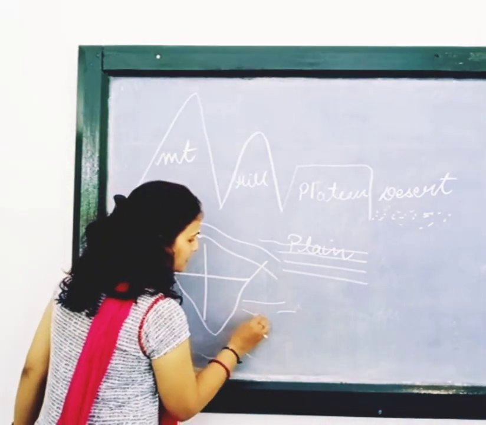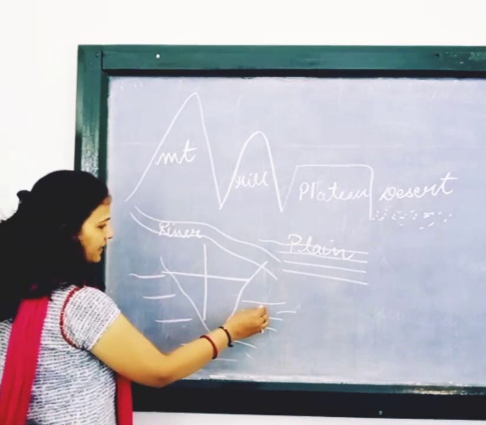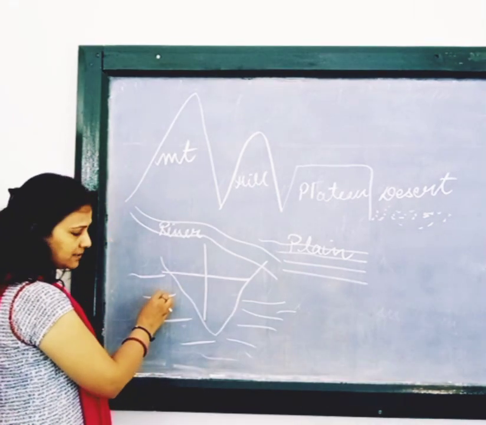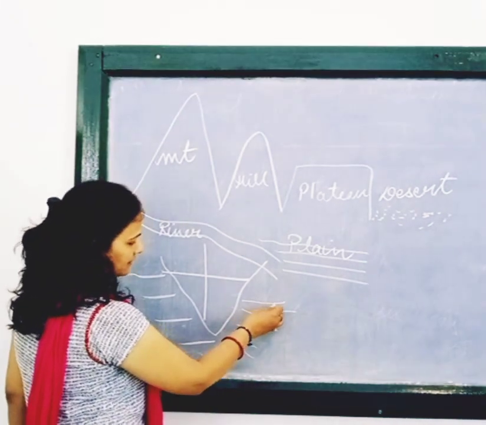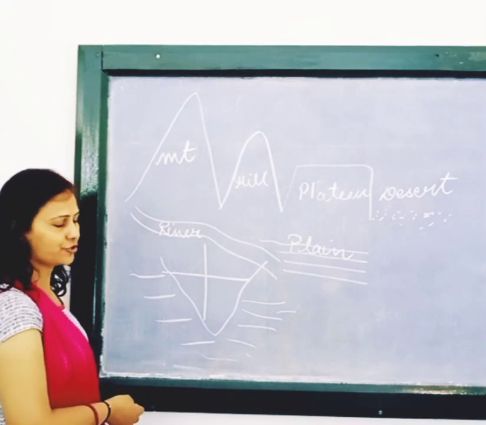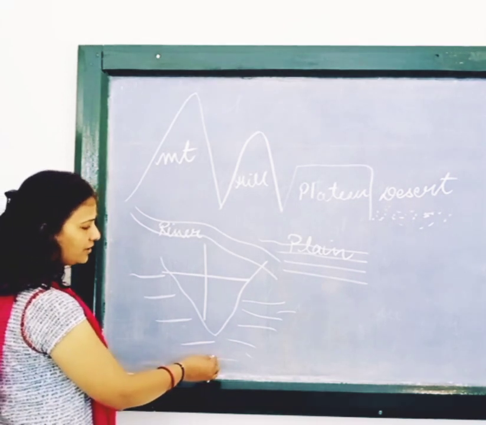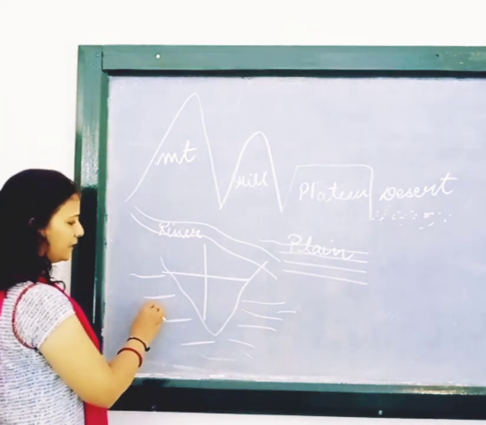In its southern side, the three sides: this is the east, this is the west, and this is the south. Towards these regions you have observed that there are oceans. Here is the Indian Ocean, here is the Bay of Bengal, and here is the Arabian Sea.